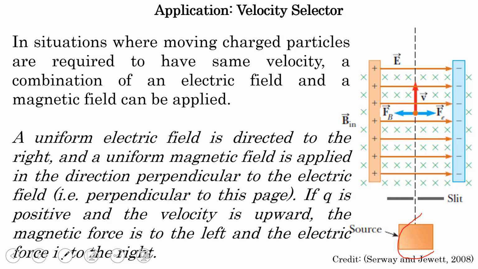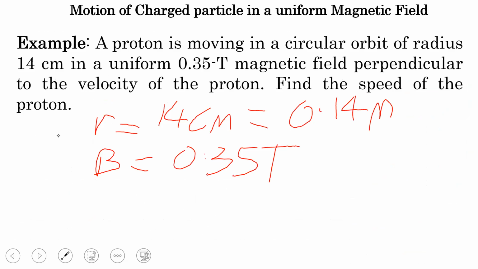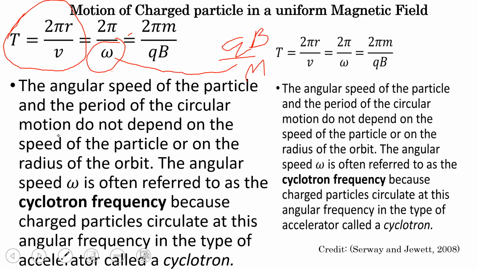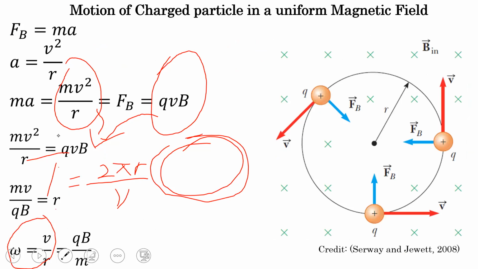So what happens here? We have to go back and look at our equation. What happens is that the charged particles experience electric force. They also experience magnetic force. The magnetic force they experience is defined as FB equal to QVB.